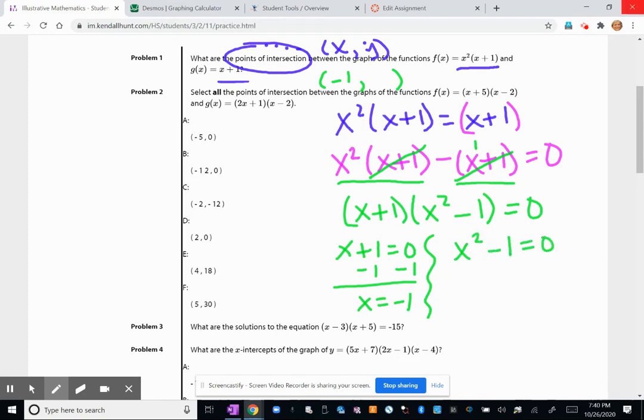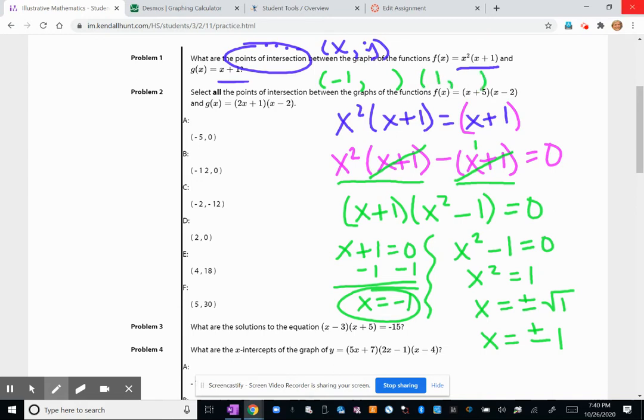I add the 1 over, so I get x squared equals 1. To solve for x, it's the positive and negative square root of 1, which means positive or negative 1. I already have negative 1 from the first factor, so I don't need to repeat it, but I do need a second solution where x is a positive 1.